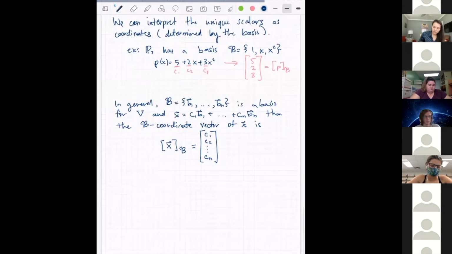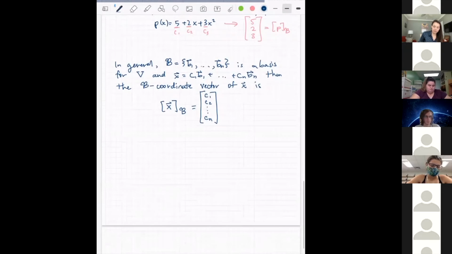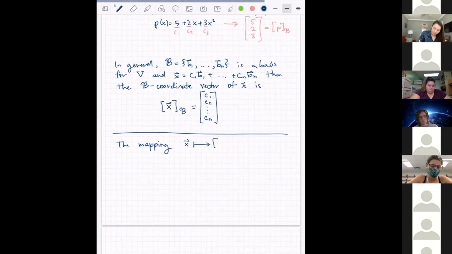So moving from your vector x in your vector space to its coordinate representation, we could consider that as a transformation. The mapping which takes x to its coordinate representation in B is called the coordinate mapping.